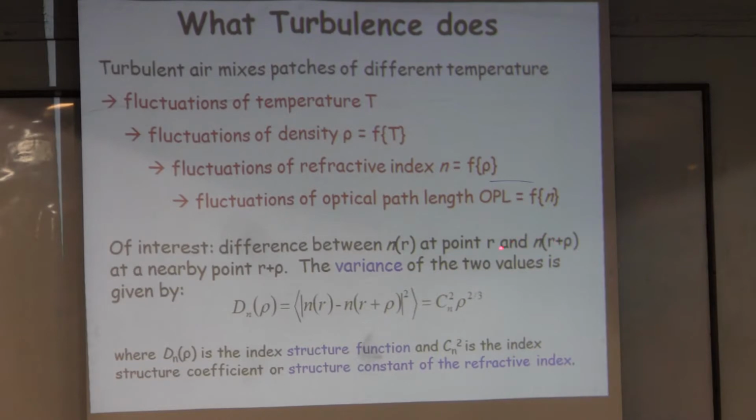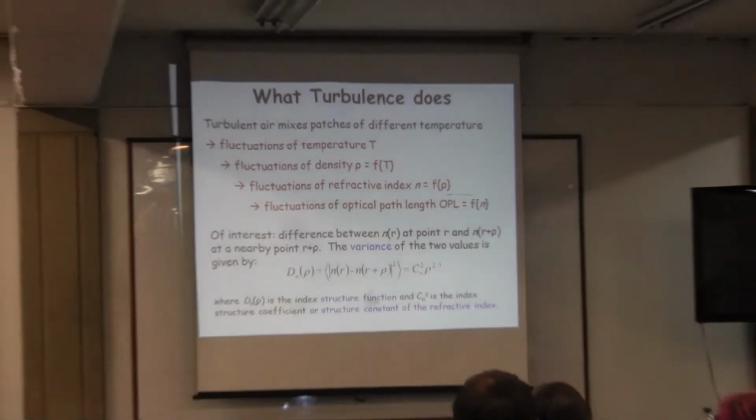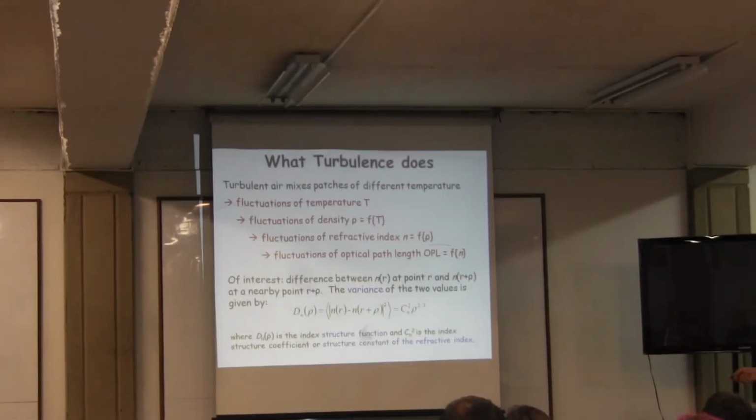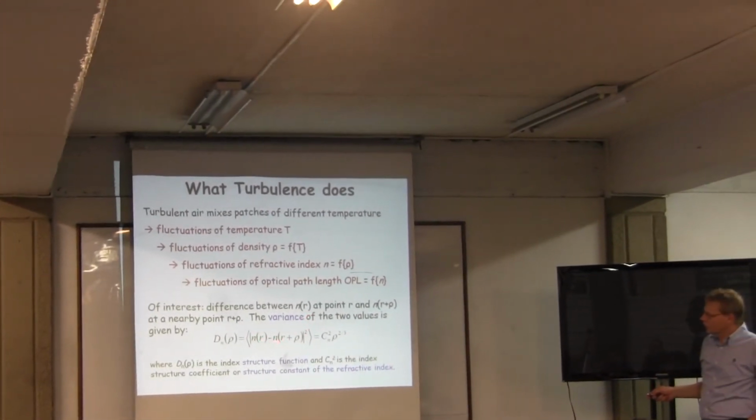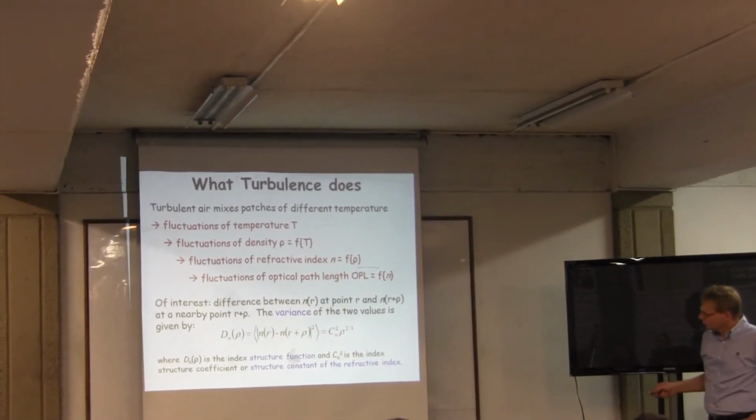And then there is another, the refractive index at another point, which is offset from R by an amount of rho. So here is one point, that's n of R, and here is n of R plus rho. And so we compute the variance. Of course, we do this for many points. And then we take the difference and the time average.